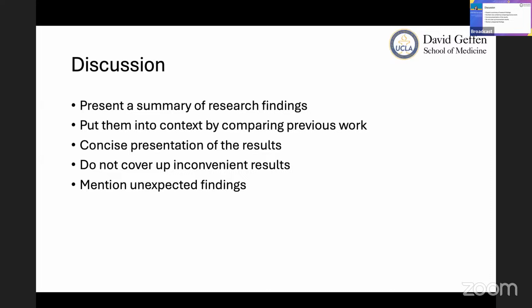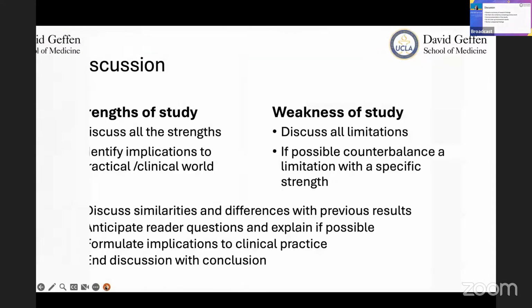And if there was an unexpected finding, let's say you went looking at a randomized control trial to understand treatment for hypertension, and then all of a sudden you figured out that the person also had some additional side effects or additional benefits, then you mention the unexpected findings. Don't cover it up. The other big part of the discussion is to discuss the strengths and weaknesses of the study.